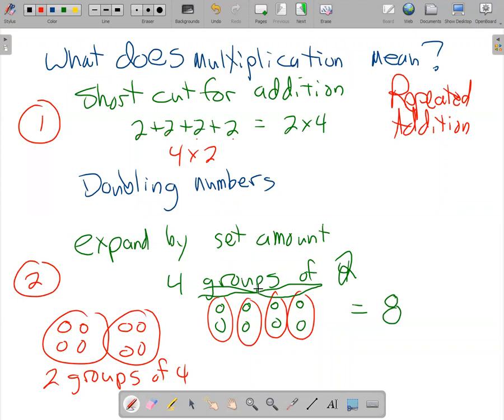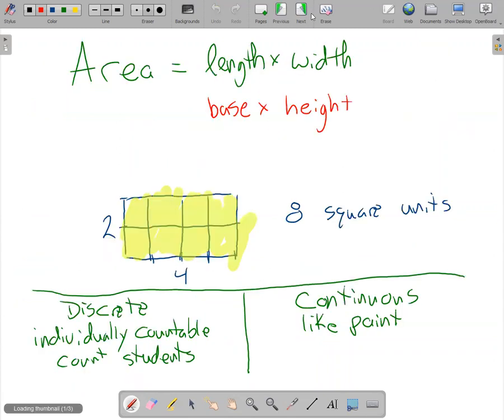I like to call it the groups of model for multiplication. It's a set model for multiplication. And our model number 3 here is the area model for multiplication, which is a continuous versus discrete model. It's not discrete, it is continuous.